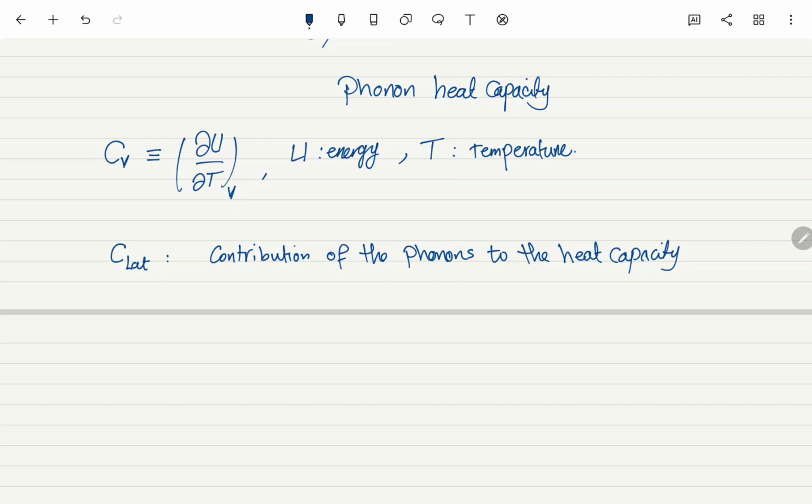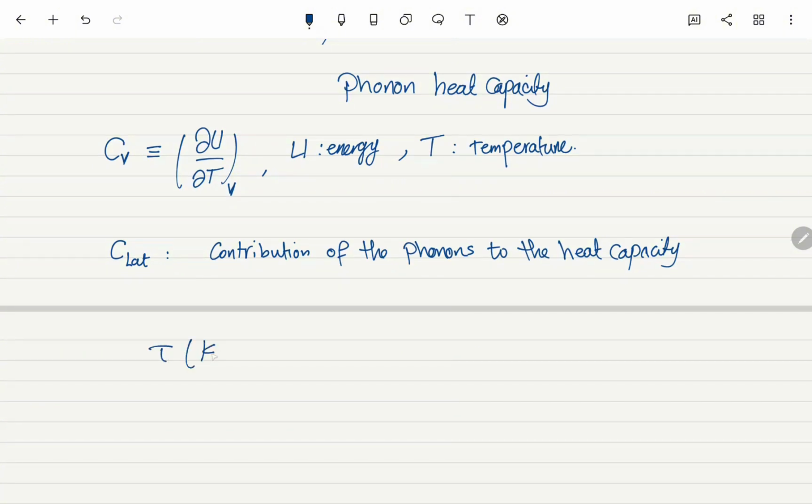Another thing to define is the total energy of the phonons at a temperature tau, which is equivalent to kB T, where kB is the Boltzmann constant and T is the temperature.